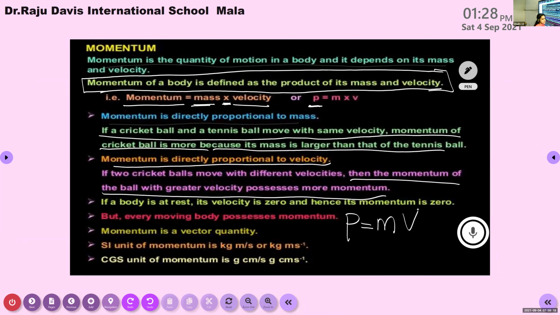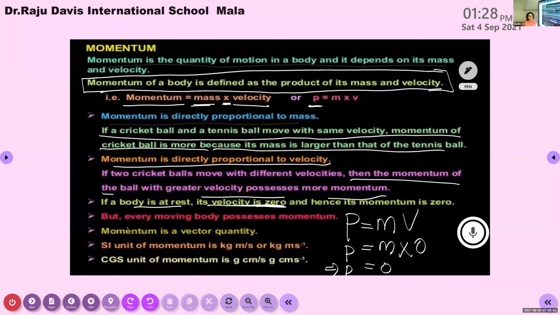So we know that momentum can be calculated by P is equal to mv. If the body is at rest, the velocity of that body is equal to 0. So we have P is equal to m into 0, which implies P is equal to 0.